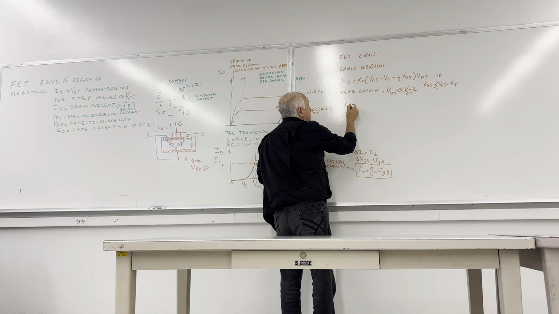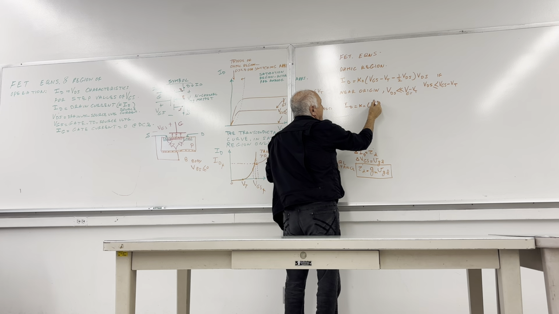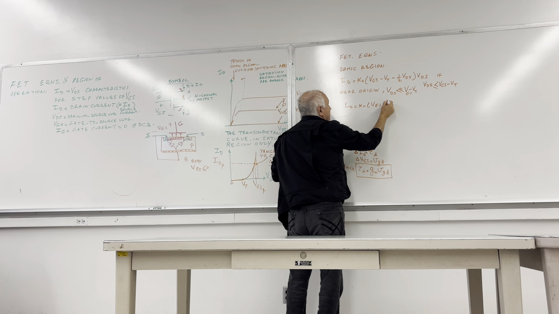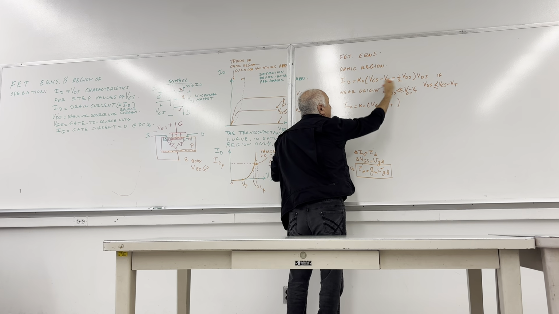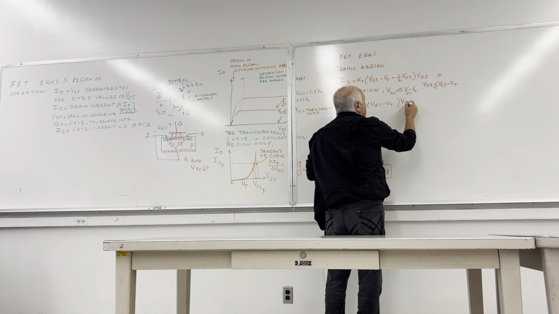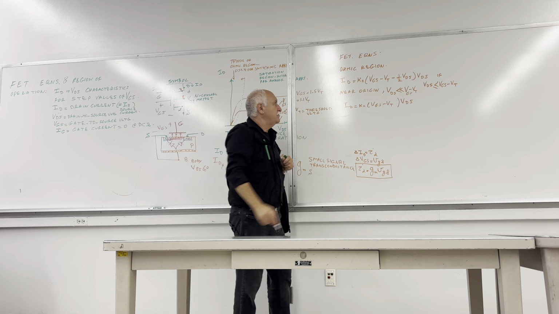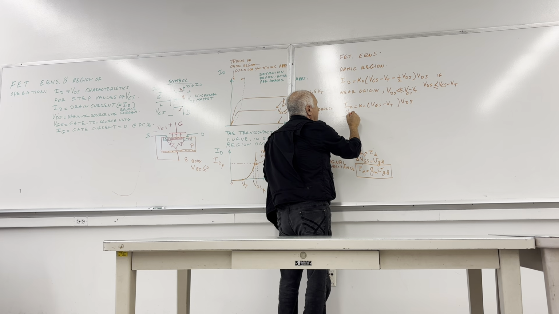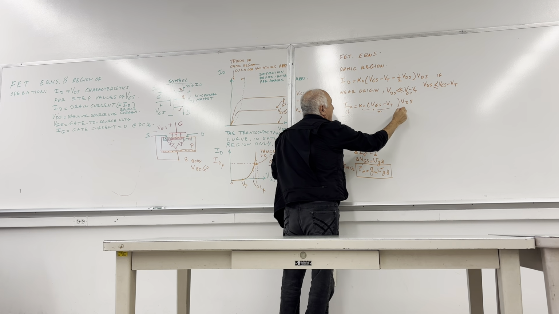ID will be equal to Kn times (VGS minus VT), the VDS term omitted because that's small compared to that term, multiplied by VDS. Now this is the equation of a line, y equals m x.